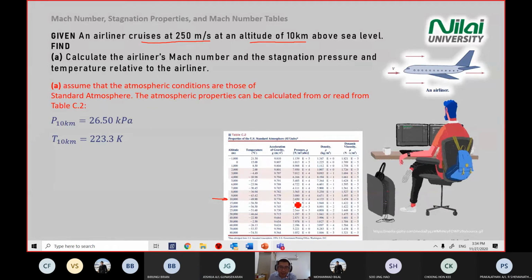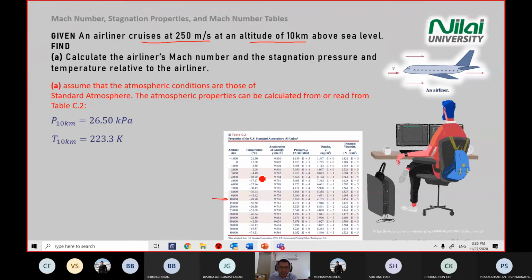So this value, if you zoom, you can see 2.650 E power 4. E means 10 power 4. Means this one is 26,500 Pascal, Newton over meter square. Do you get the idea?